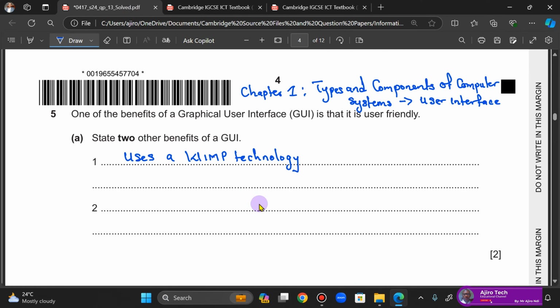So with a GUI you don't have to learn commands. And also they are intuitive, so it's easy to navigate. You can add this for others. They are intuitive.